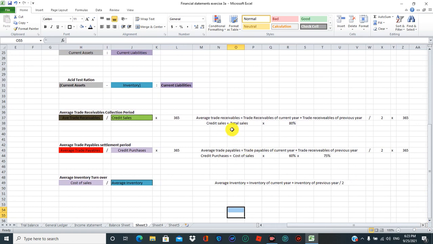The average trade receivables is the same as previously. That will be your trade receivables of the current year plus your trade receivables of the previous year divided by 2, and then you multiply that by 365.